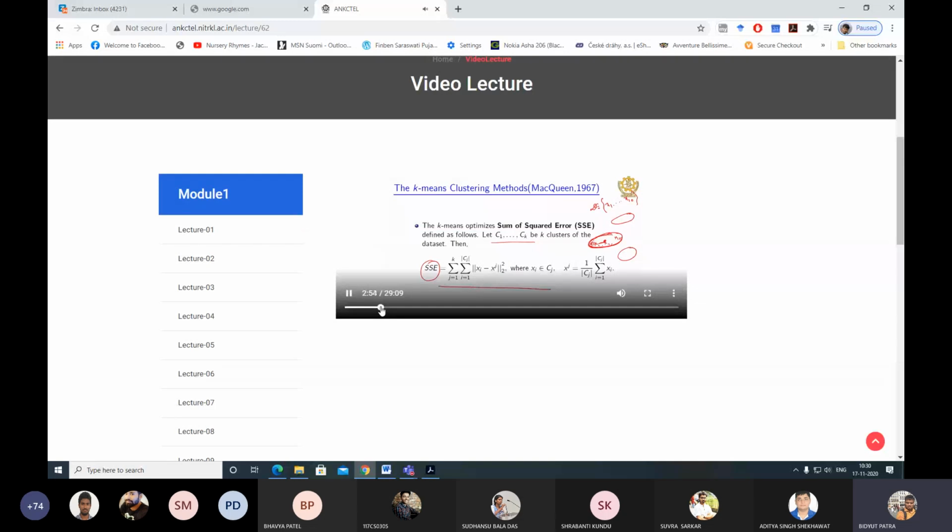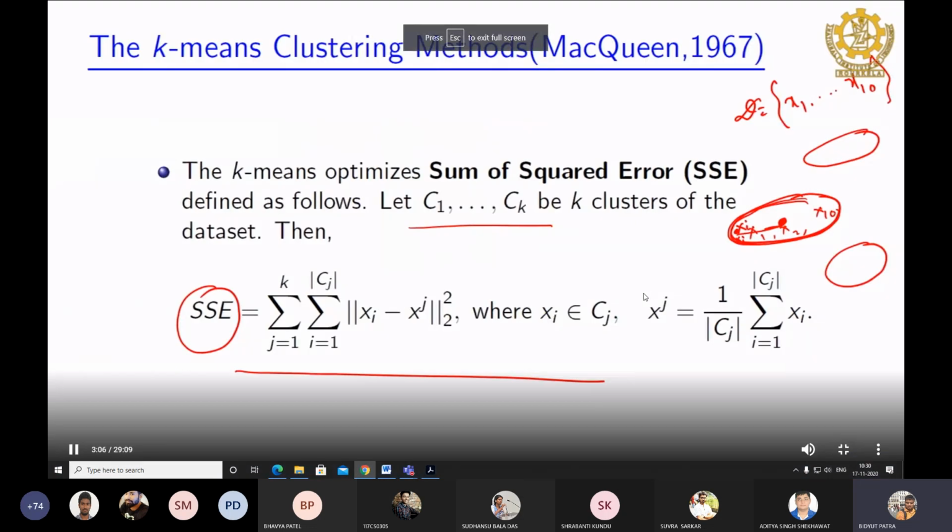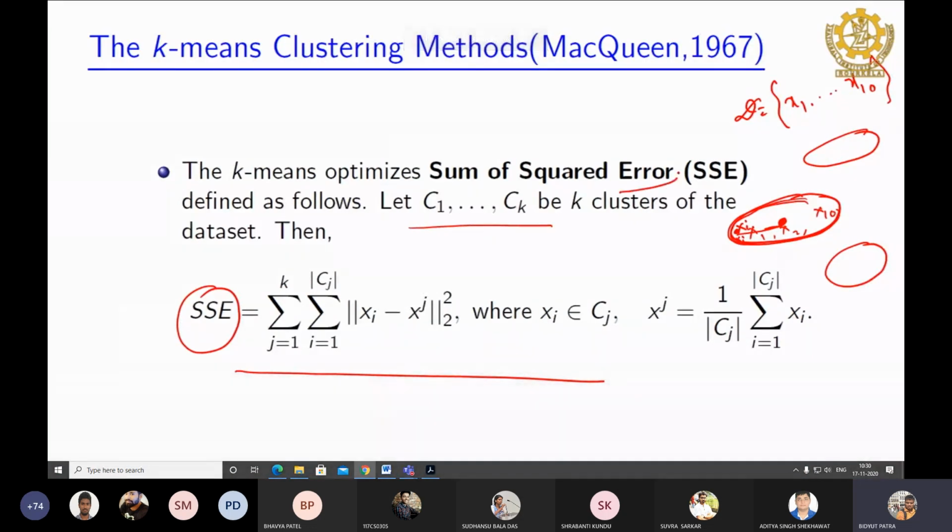We are assuming that each group can be represented by a centroid. Any point that deviates from the centroid, that is called the error. And if you take the square of the error, that is called the square error.